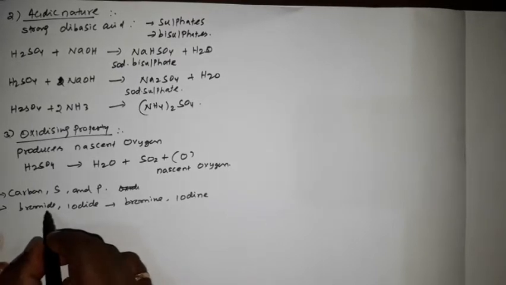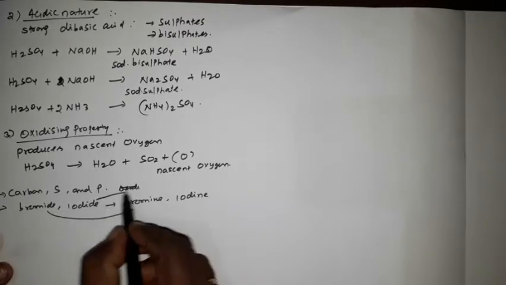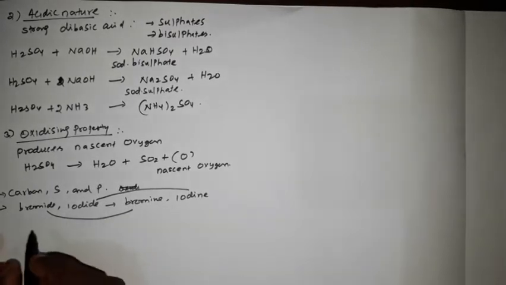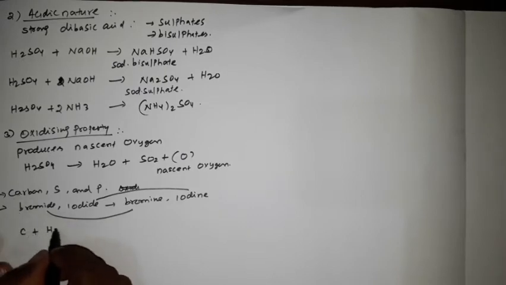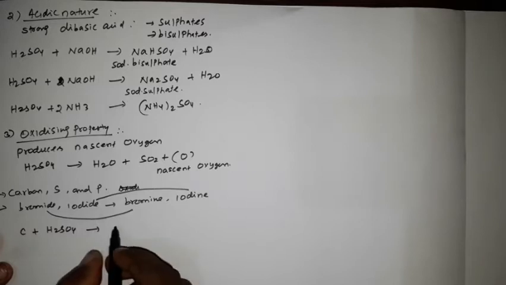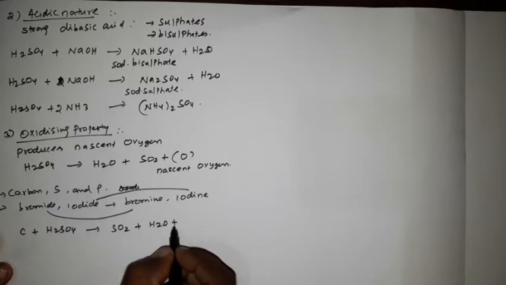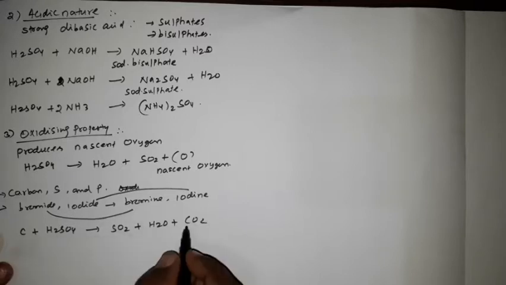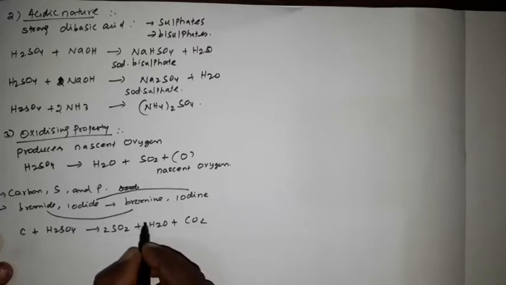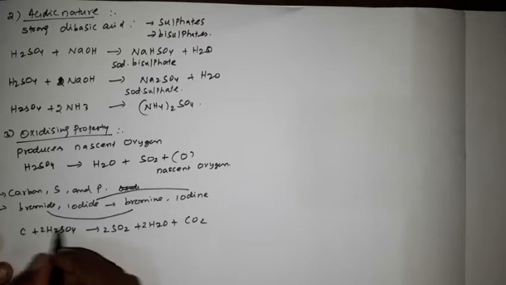Okay, so bromide is oxidized to bromine, iodide oxidized to iodine. See the reaction. First one is carbon plus sulfuric acid H2SO4, forming SO2 plus H2O plus CO2. So carbon is oxidized, an addition of oxygen. Okay, the equation is balanced.